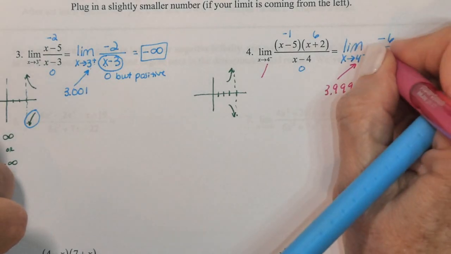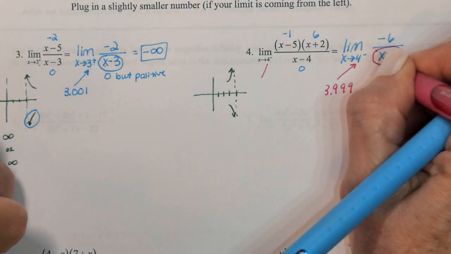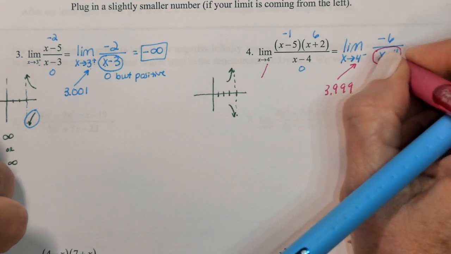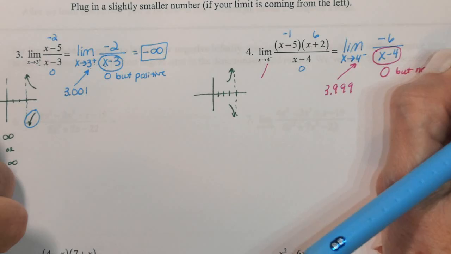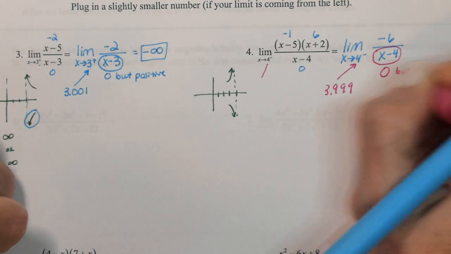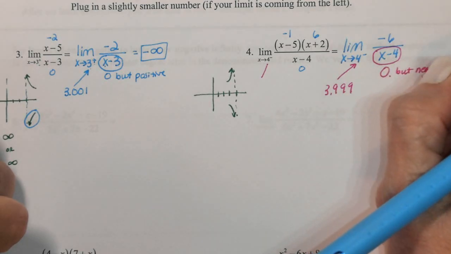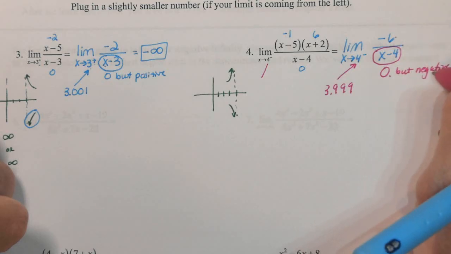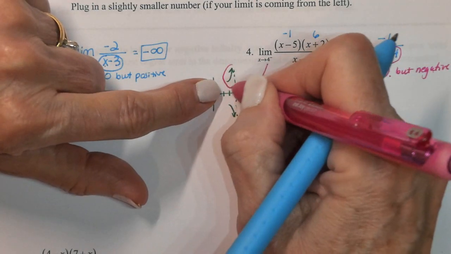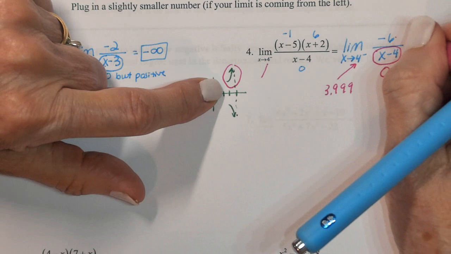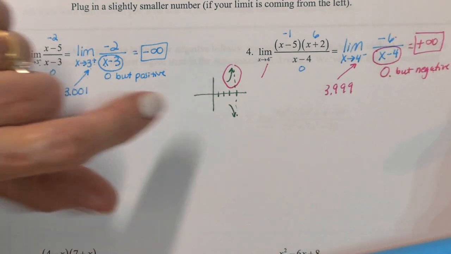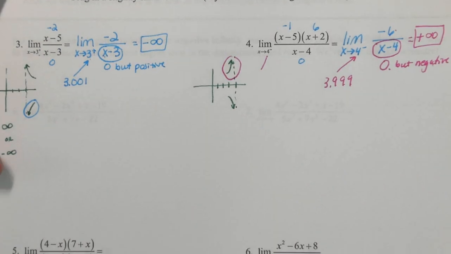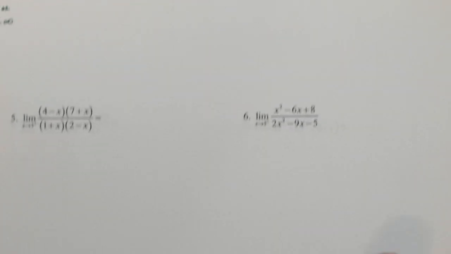If I plug that in, it's approaching 0, but it's negative. And -6 divided by a negative is going to be positive infinity. This is positive infinity. Okay, that's the thought process on those.